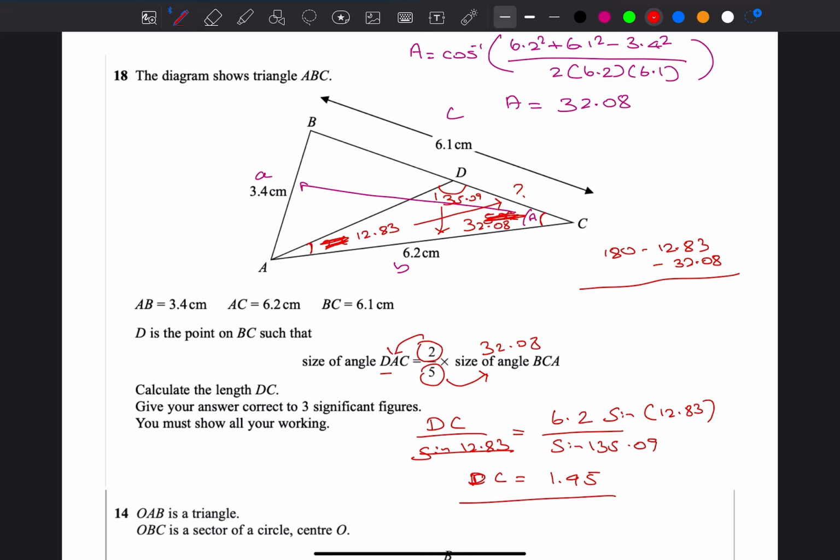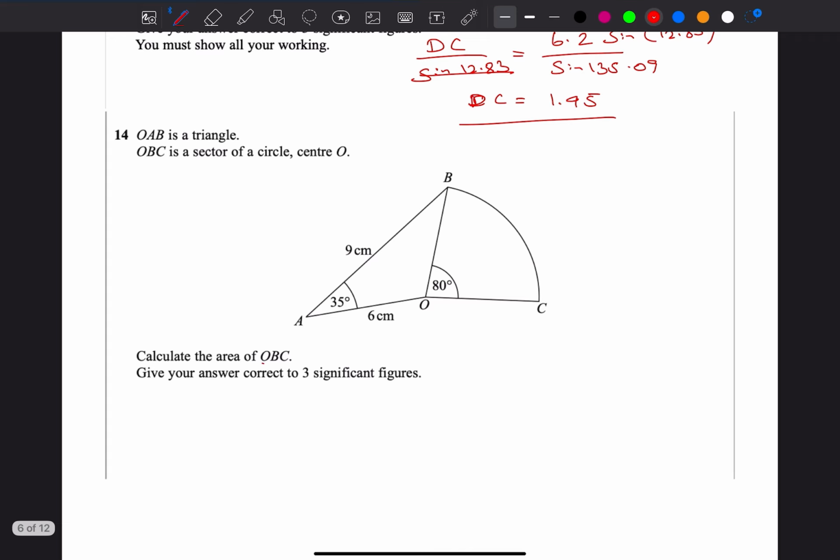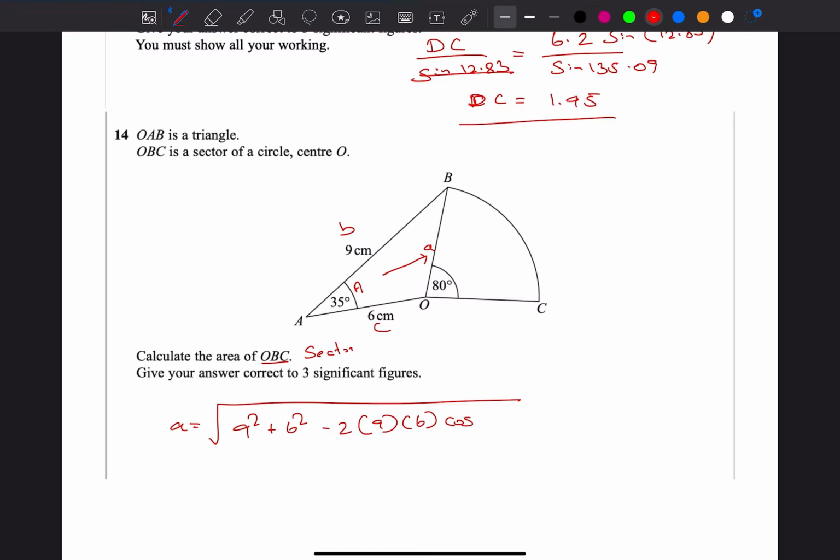Okay, next one. Work out the area of OBC. OBC is the sector. Okay, we can call this angle A. This would be your lower case a. This could be b and c then. So if you want the length a, it's the cosine rule: square root of b squared, 9 squared, plus c squared, 6 squared, minus 2 times 9 times 6 cos 35.